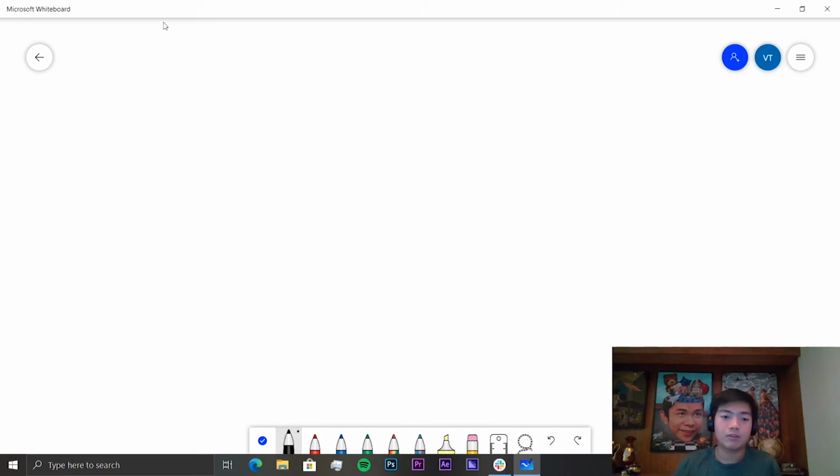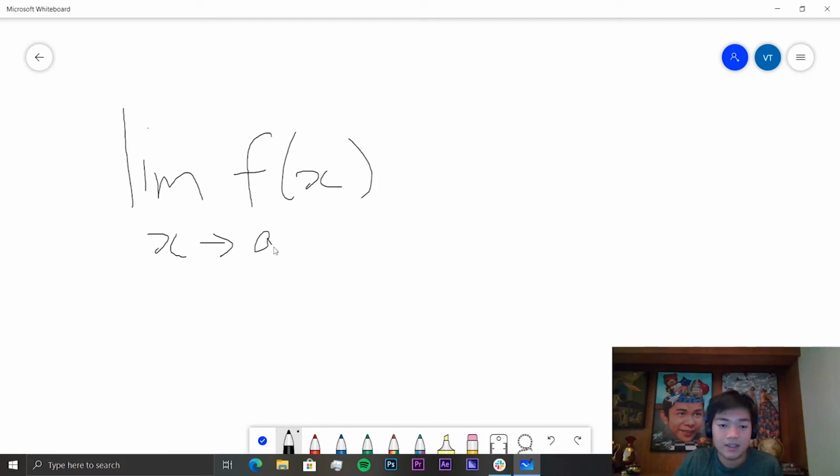So just quickly going over this limit again, the limit of f of x as x approaches a means that it's the limit as x approaches a. If we put a plus sign next to this a, it means it approaches it from the right. And if we put a minus sign, it means it's approaching a from the left. So let's draw the graphic here.